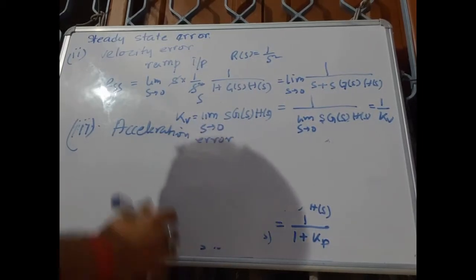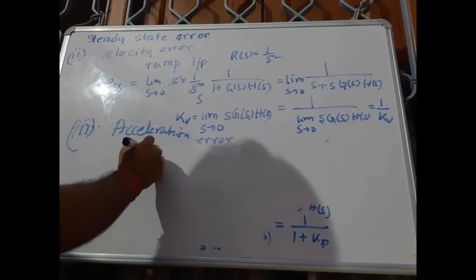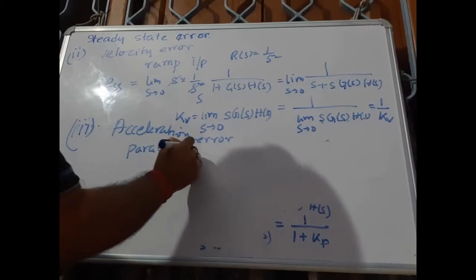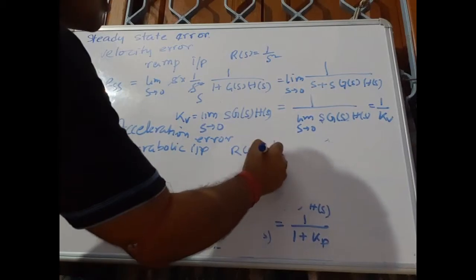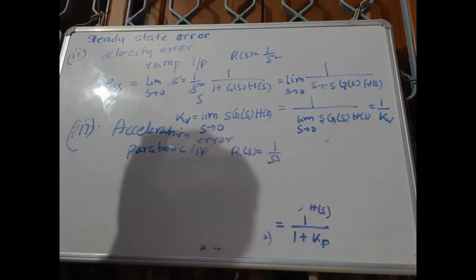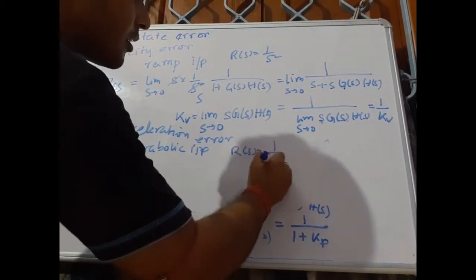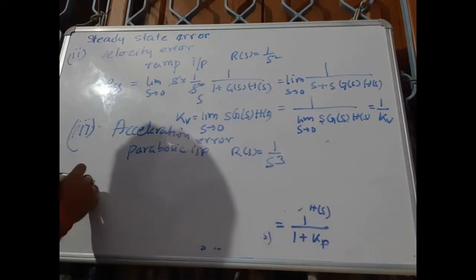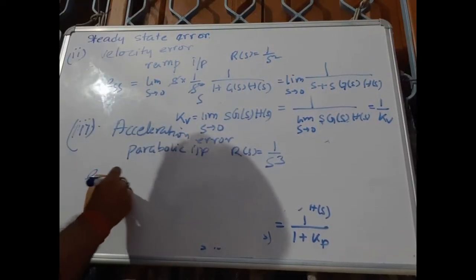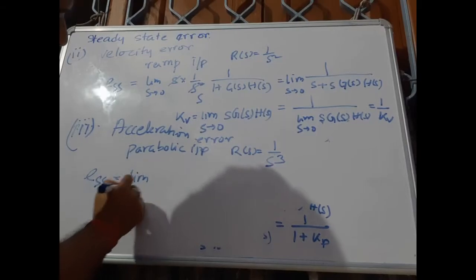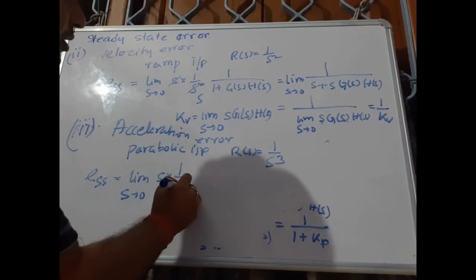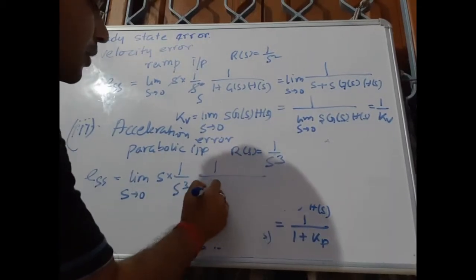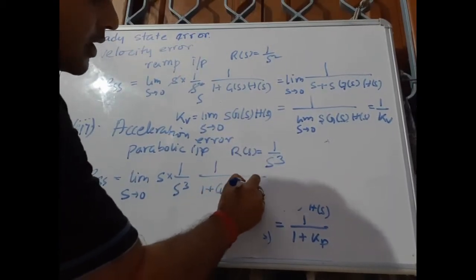Here we have parabolic input, means R(s) is equal to 1 by s cube. Okay, now what will be the value of steady state error? Limit of s tends to 0 s into 1 by s cube, 1 by 1 plus G(s)H(s).